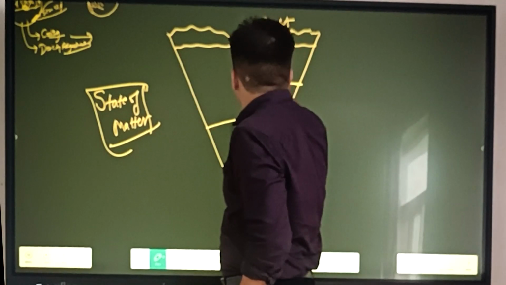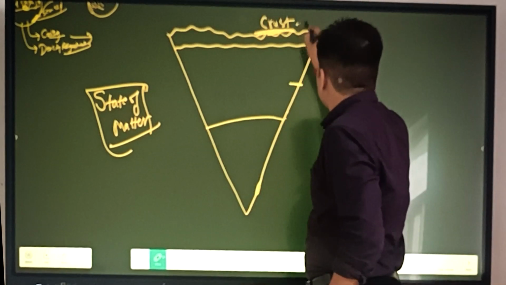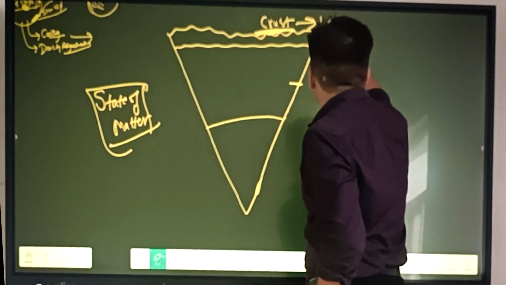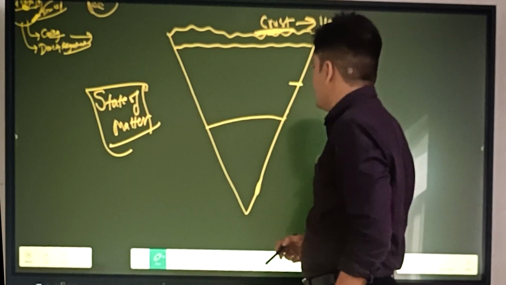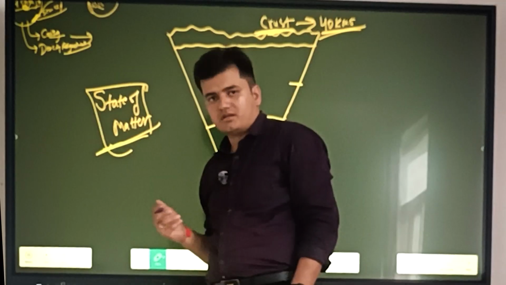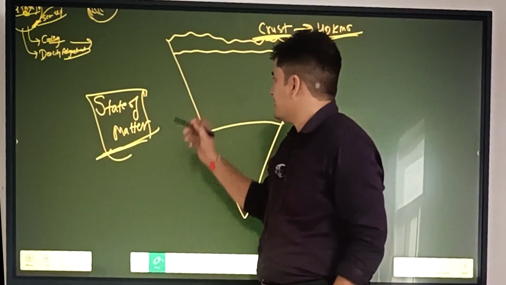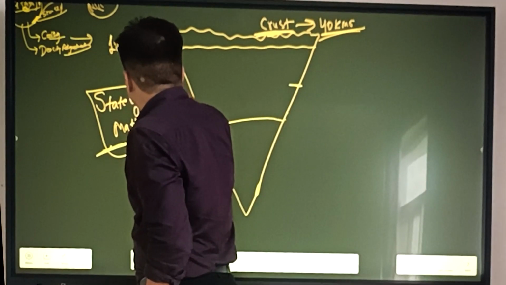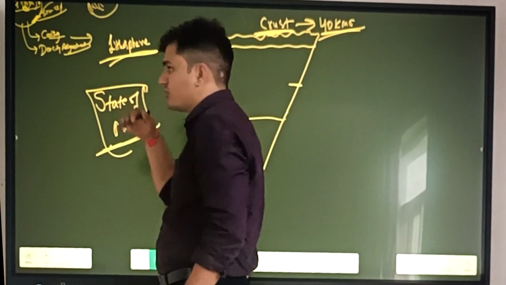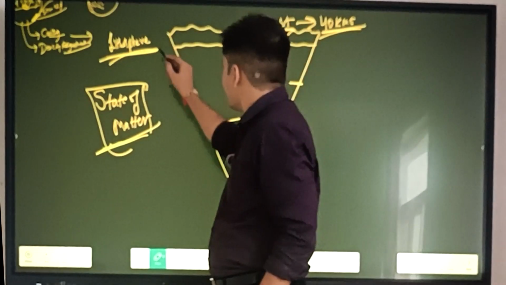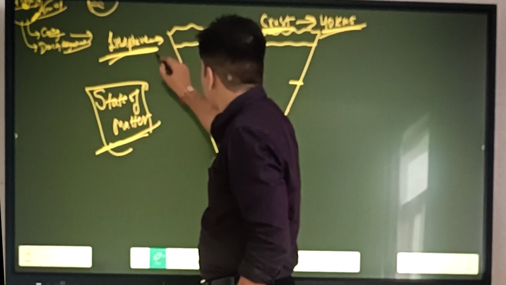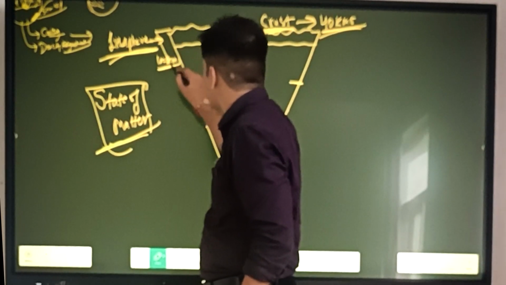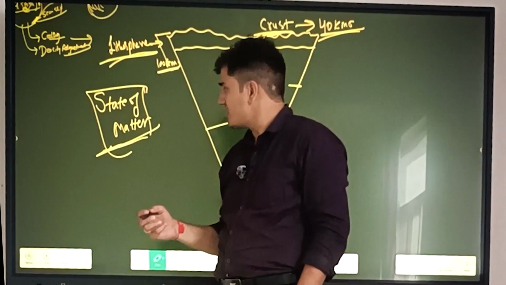We have discussed the crust, and it is up to the depth of 40 kilometers. This model talks about a different layer which is called the lithosphere. This lithosphere is the outermost layer of the earth, and it is up to the depth of 100 kilometers.